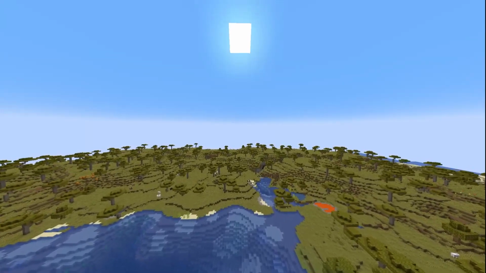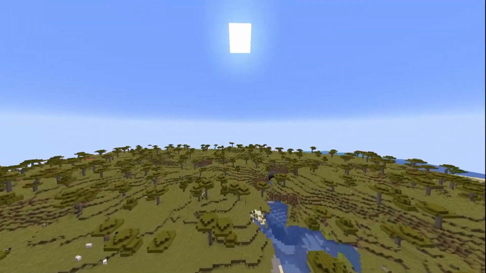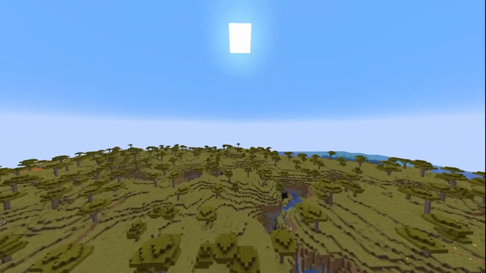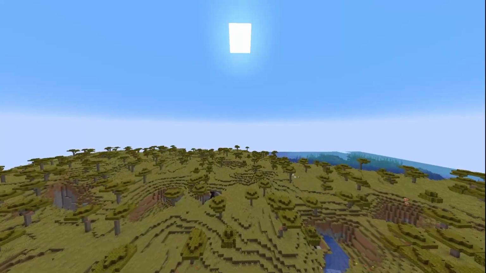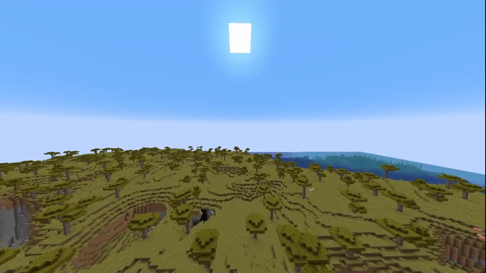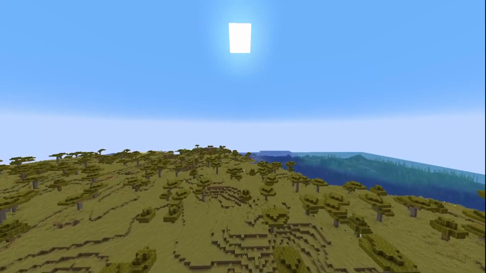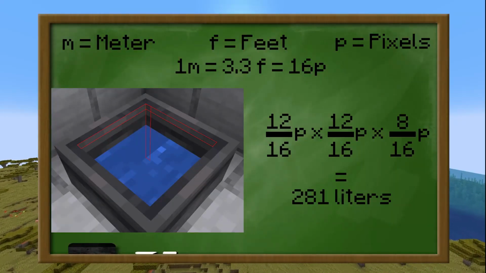So if we want to complicate this further, the cauldron has 4 stages. We have covered 2 of them, full and empty, and now we'll look at the 2 others. It's the 12 by 12 by 8 pixels and 12 by 12 by 5 pixels. Let's start with the 12 by 12 by 8 first.